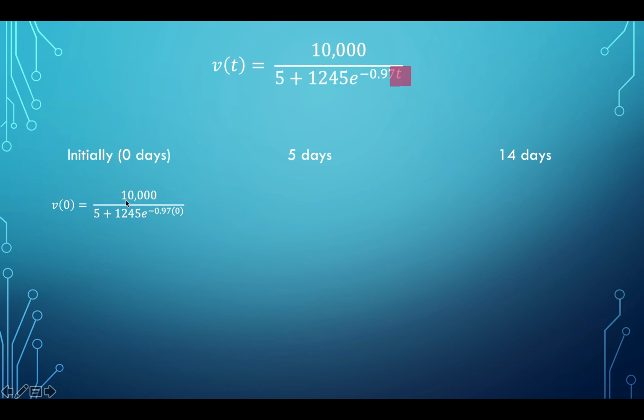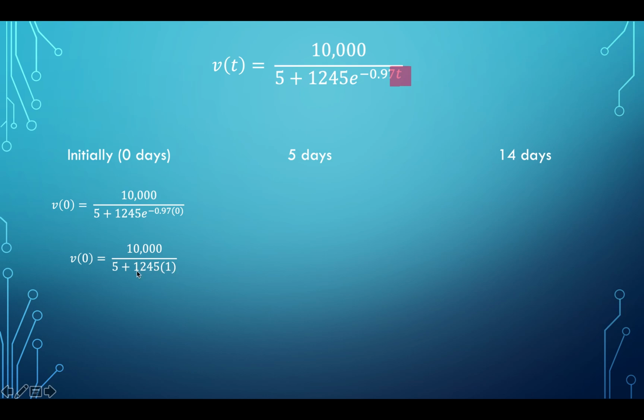So after 0 days, we plug in 0 for t, and we're left with 10,000 divided by 5 plus 1,245 times e to the negative 0.97 times 0 power. First I multiply negative 0.97 times 0, and I get 0. Then in my calculator I do e to the 0 power, which gives me 1.